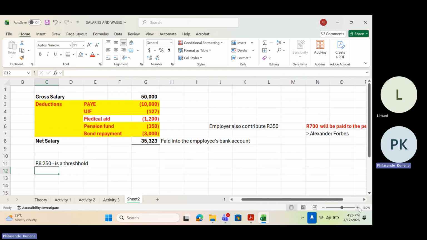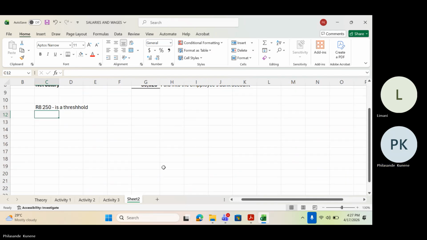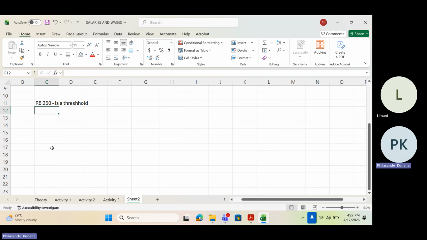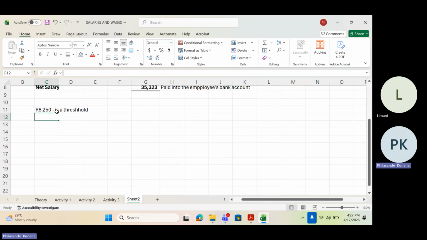8,250 is what? It is a threshold. What do I mean by this? If you're earning less than 8,250, no tax will be deducted from your salary. But if you're earning more than 8,250, definitely we're going to tax you. So as much as this is a compulsory deduction, it is not deducted from everyone.